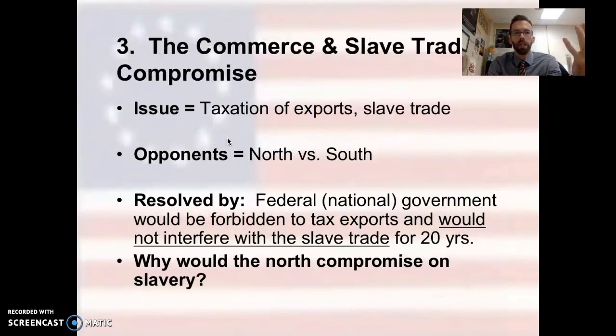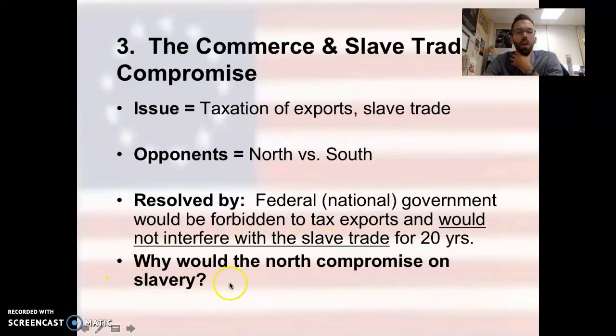Same thing here with the slave trade. Slave exports. The North is heavily relying on trade. The South heavily relying on slave trade. So the federal government is not going to tax exports, to start, and they're not going to interfere with the slave trade.